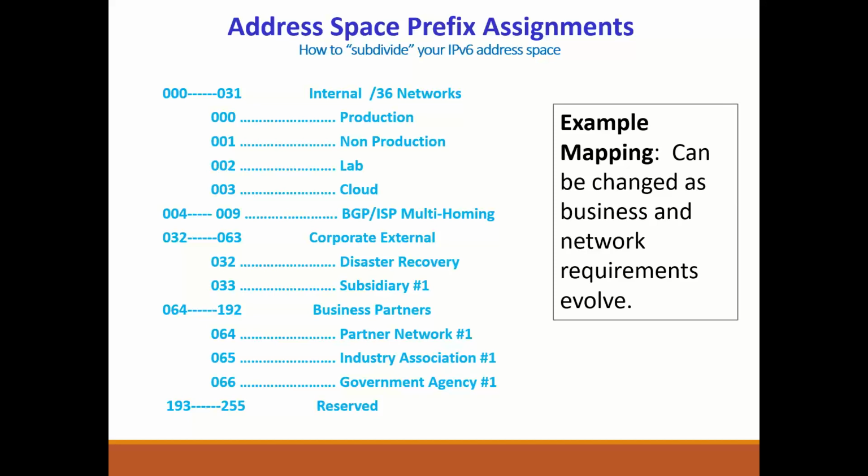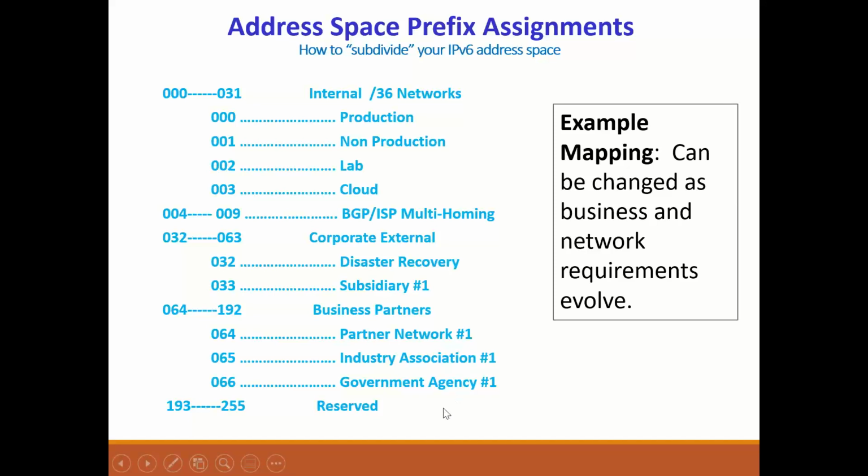And again, this is just sort of Mike's example ideas. You've got to break it down for what makes sense in your organization, which obviously we don't know right now, but that's why we meet with everybody and try to figure out where we're going. So just a couple other categories. We might have some reserved for multi-homing, and then we want to get into the corporate external areas.